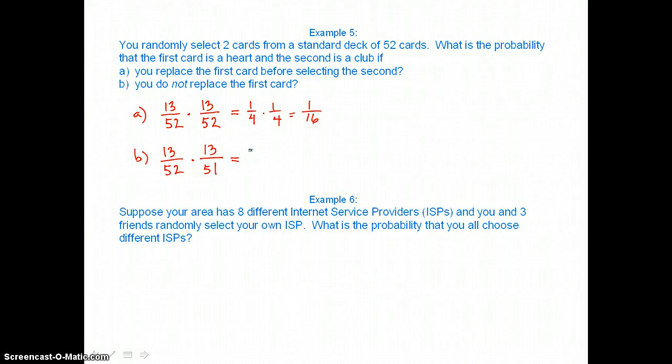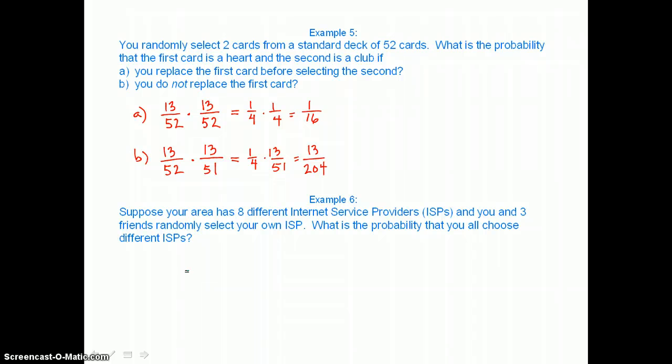Okay, so simplifying here, 1/4 times 13/51, and then multiplying is going to give us a probability of 13 over 204. So 13/204 probability that you will select a heart and then a club if there is not replacement.